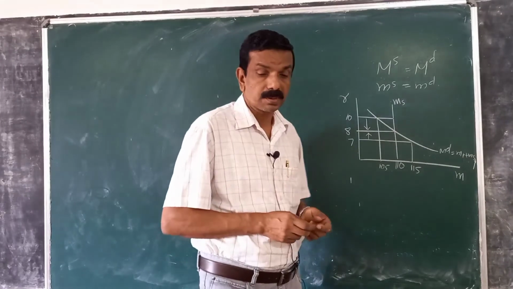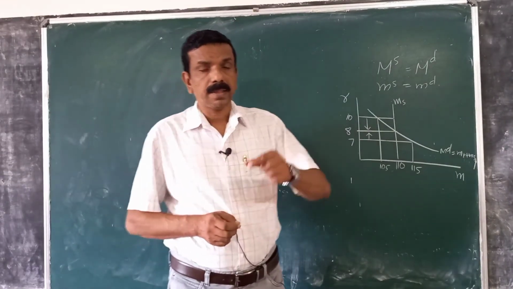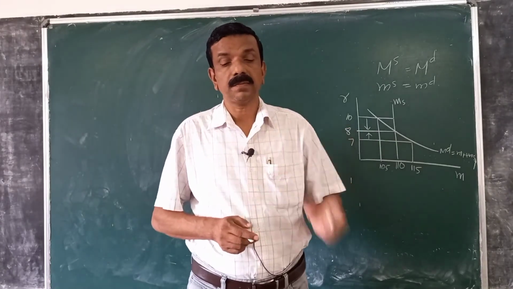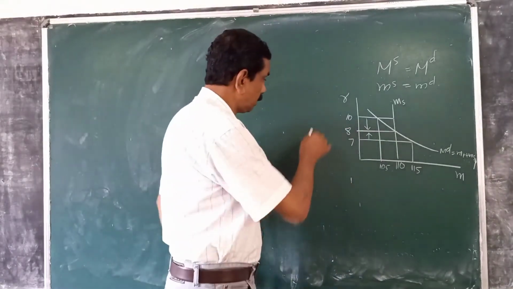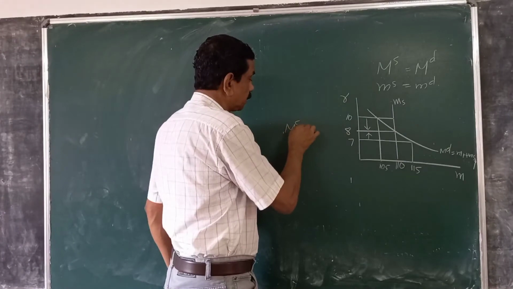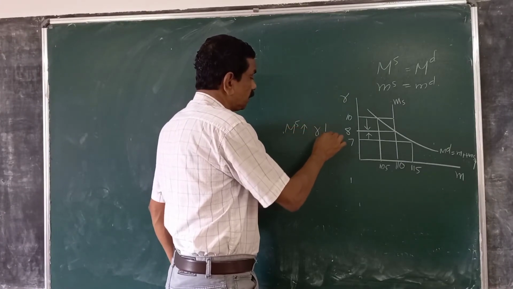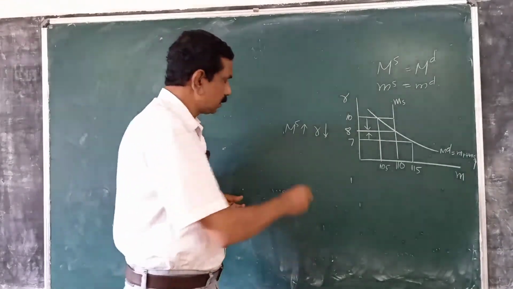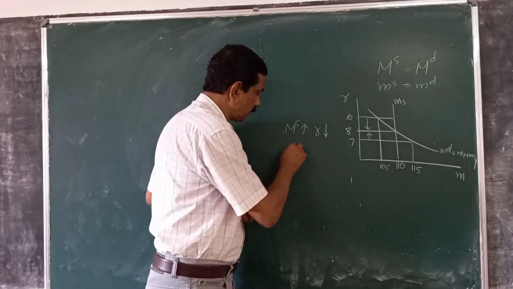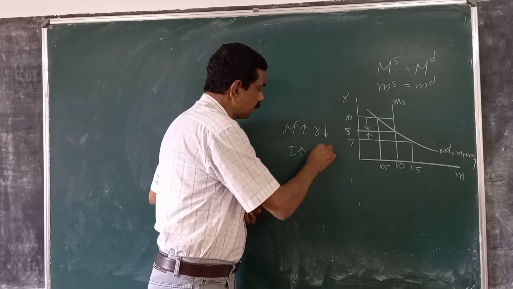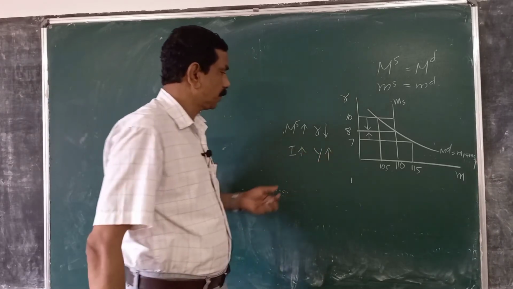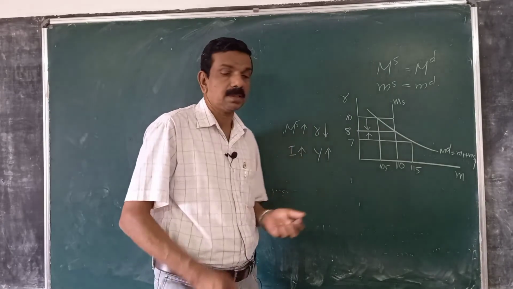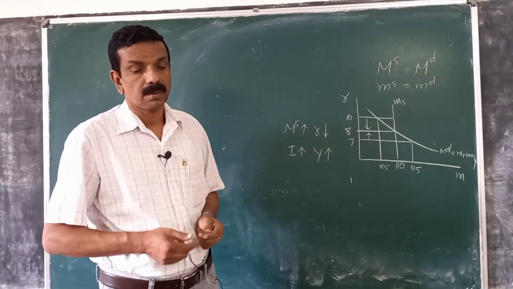It is also possible that a change in the value of one variable will affect the value of the other variable also. For example, as we have seen, when money supply increases, rate of interest decreases, and it stimulates investment and income increases. A reduction in interest rate stimulates investment and hence income increases.